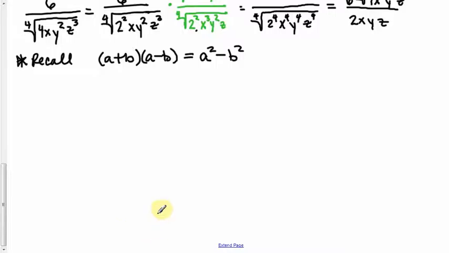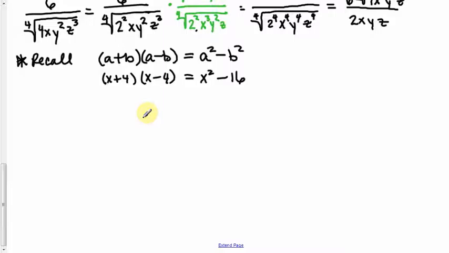Just a quick review, if I had x plus 4 times x minus 4, then I'm going to end up with x squared minus 16, because the O and the I, the outer product and the inner product, always cancel out when you're multiplying conjugates. That's going to parlay into rationalizing denominators that have 2 terms in them, okay?